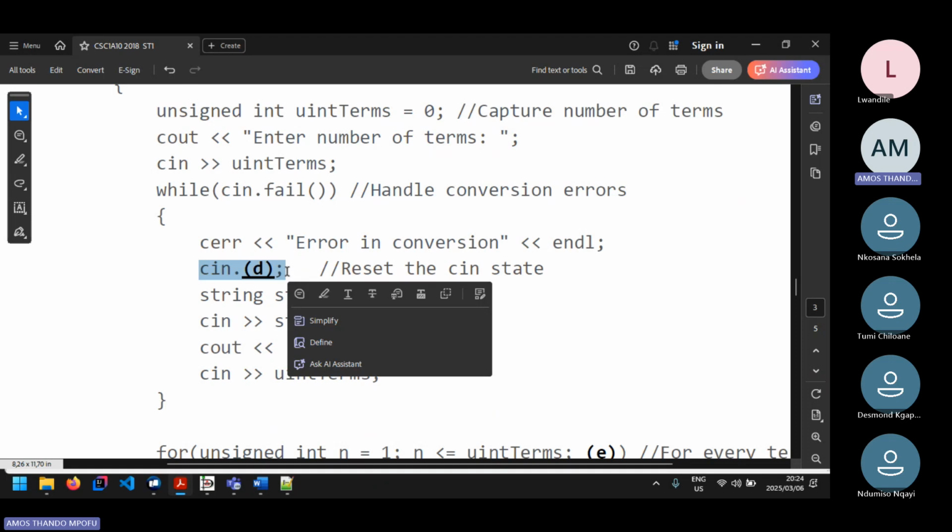Reset the cin state. Yeah, that's why I always advise students to attend my sessions, because everything that I'm going to explain in the sessions is most likely going to be asked. You see this part here, I didn't talk about it in the videos when I was doing the memos for the practicals, because I knew students would see the videos being too long and not watch them, not realizing that what I'm talking about will be asked in the semester test, and you're going to get a big fat 0 for that question because you didn't want to take the time to study.